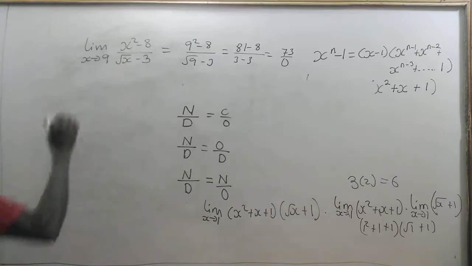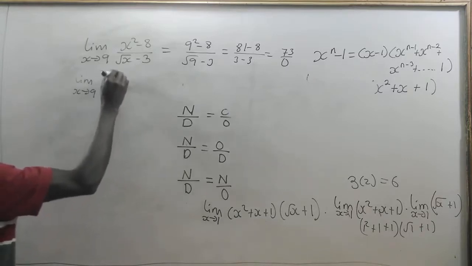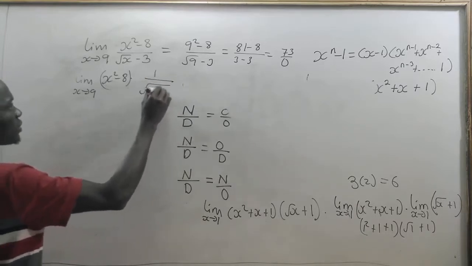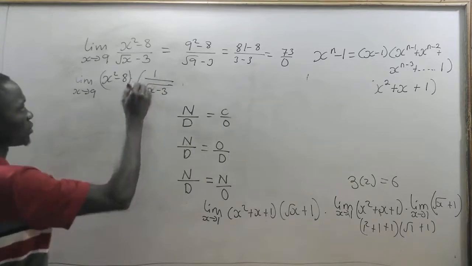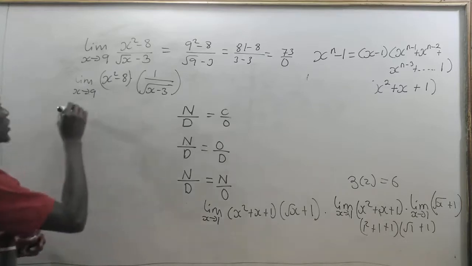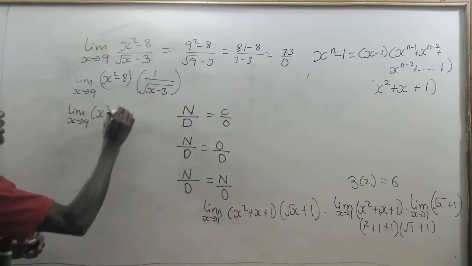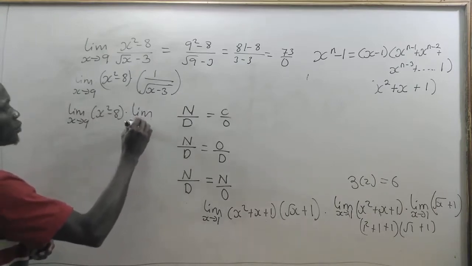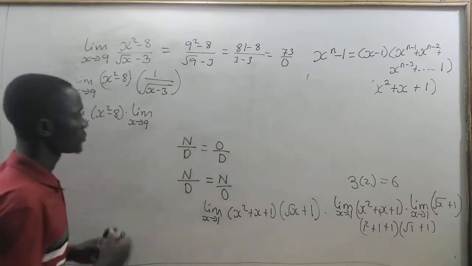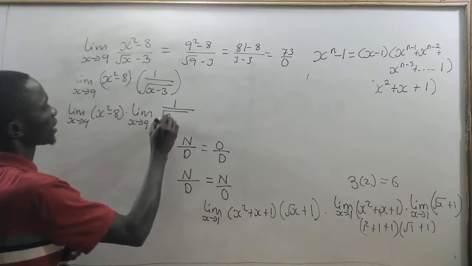So what we are going to do is take the limit as x approaches 9 of (x squared minus 8) times 1 divided by the square root of x minus 3. I know that the limit of a product is the product of the limits. So here we take the limit as x approaches 9 of x squared minus 8 times the limit as x approaches 9 of 1 divided by the square root of x minus 3.